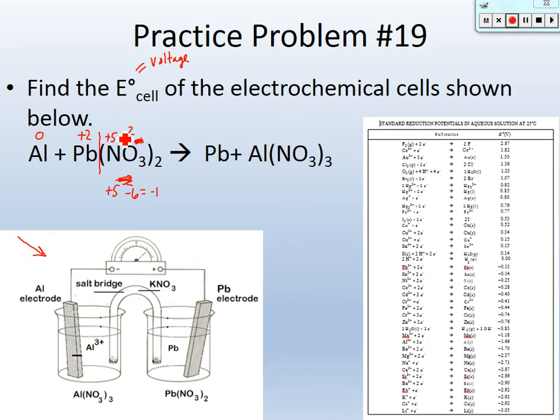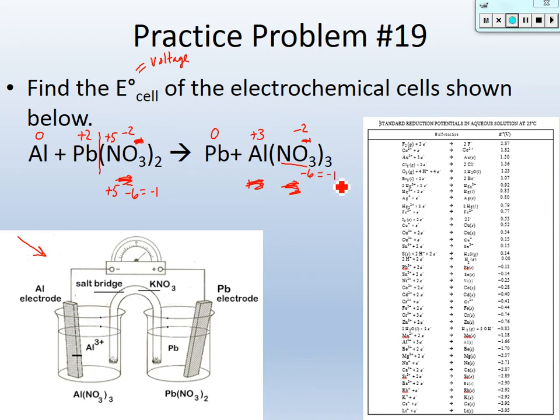Okay. So let's continue on. The lead's oxidation number, a free element, is 0. Again, nitrate's -1, but I got 3 of them. And if each one is a -1 charge, the aluminum has to be +3, because this side's going to be -3, this side has to be +3. Okay, my oxygen's always a -2 times 3 is a -6.